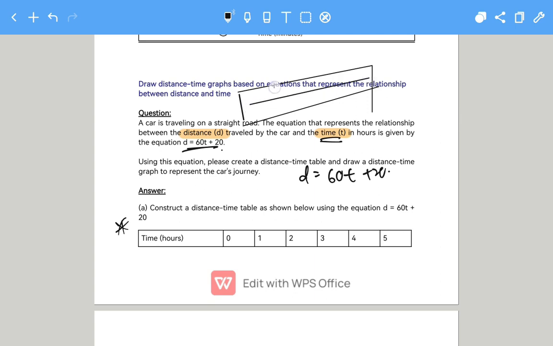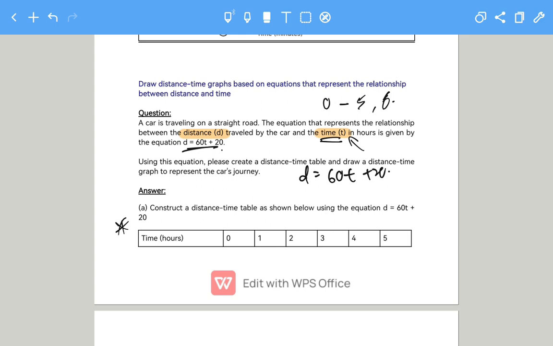Then this is the time, this is the distance. So firstly we need to substitute values for time from 0 to 5 or 6. Don't take too many, okay? 5 or 6 is enough, depending on your graph.